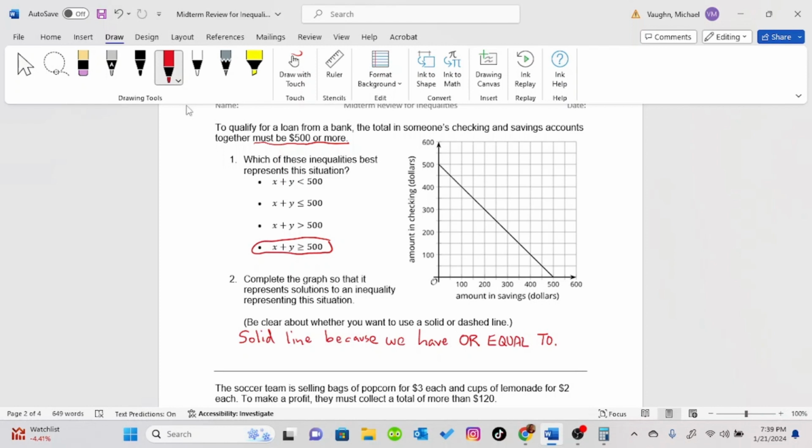This means we want everything above the line and we want everything on the line.